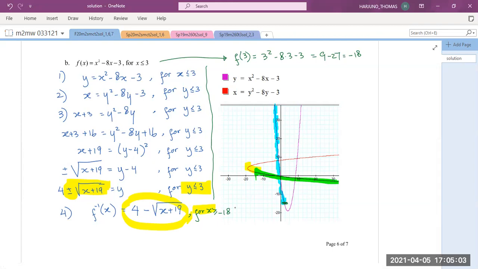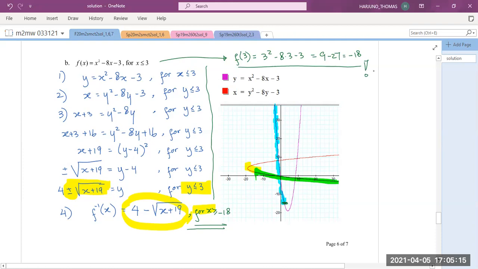So the part that I mark in green here is the place where I gave one student an extra point for observing that part.